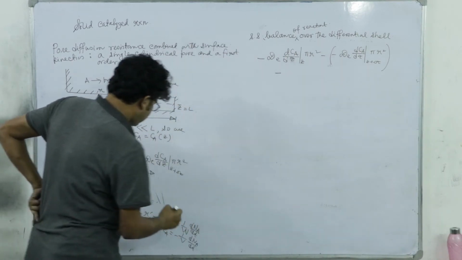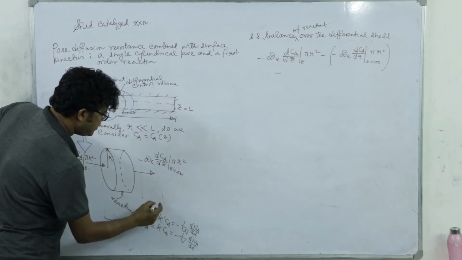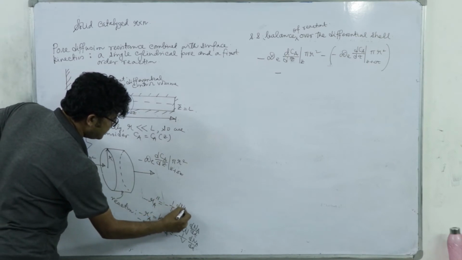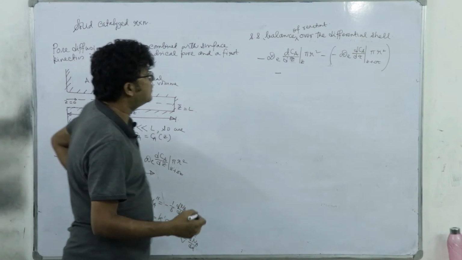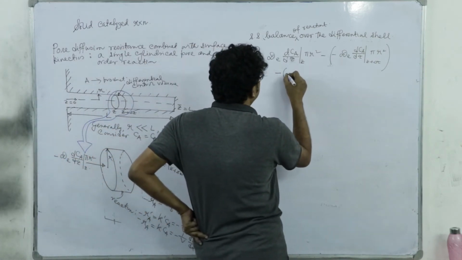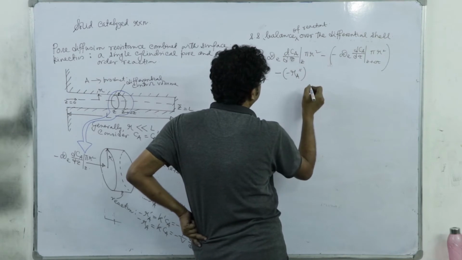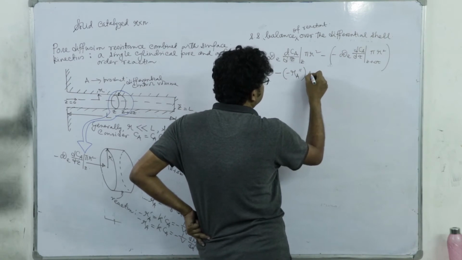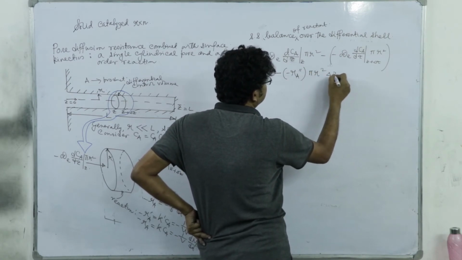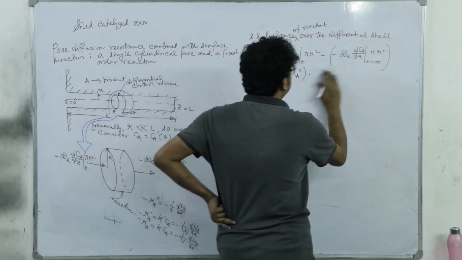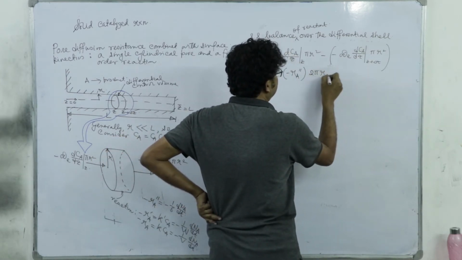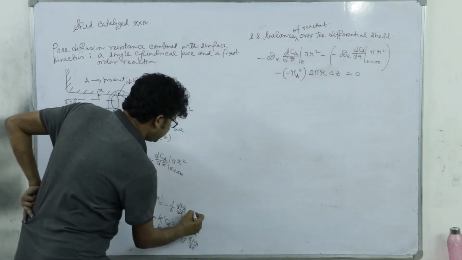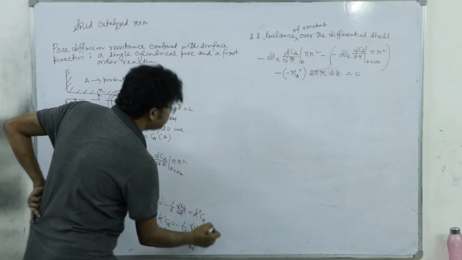We can also use minus Ra double prime, which is based on the catalyst surface area. So, minus of minus Ra double prime, right, into, oh sorry, not pi r square, it is 2 pi r area into delta z, that is equal to 0. So, this must be equal to k double prime into Ca.